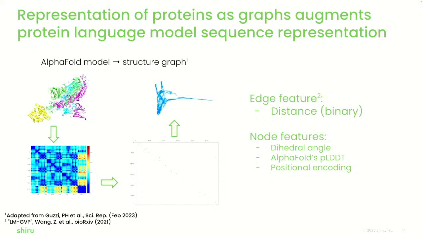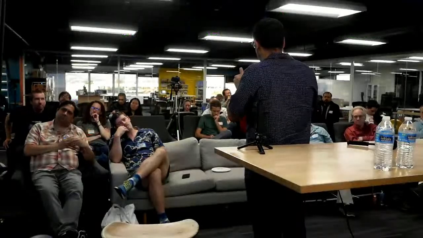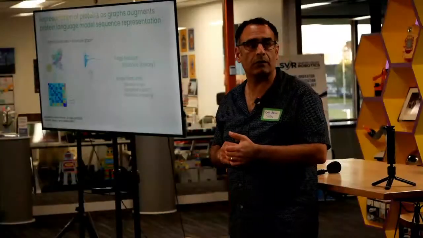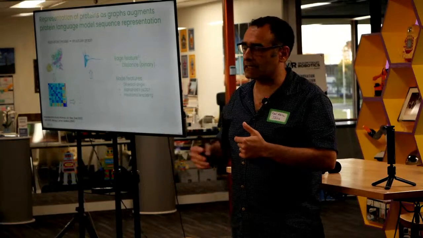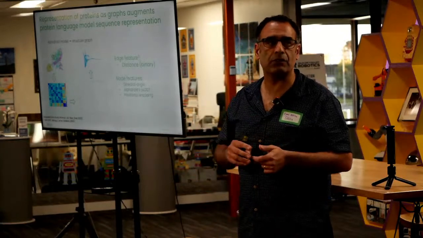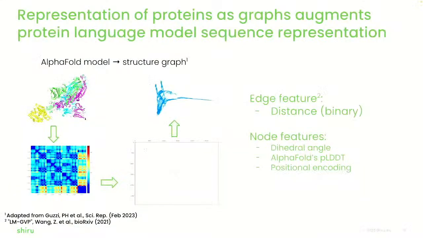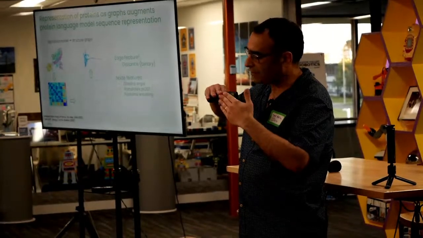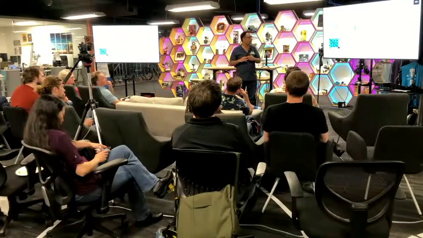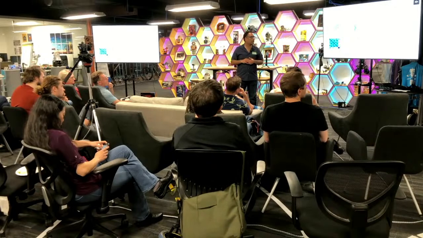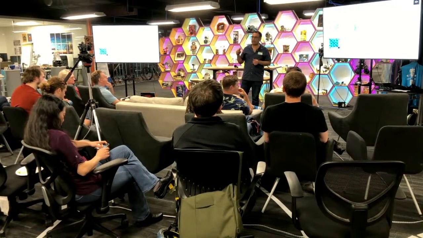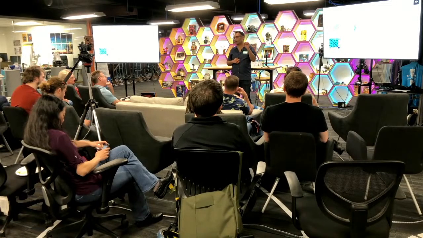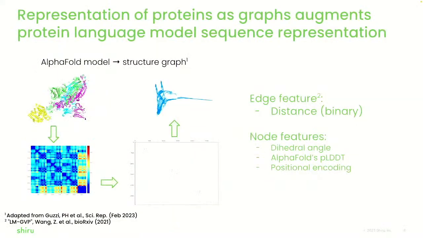The edge feature is essentially a distance, or a binary value, whether it's close or remote. What we added upon existing similar solutions is node features for this graph that represent a protein, which includes the dihedral angle, the arrangements of the amino acid that can be inferred from the AlphaFold model, as well as the confidence, the pLDDT score, which is how confident AlphaFold is in the location of the amino acid.